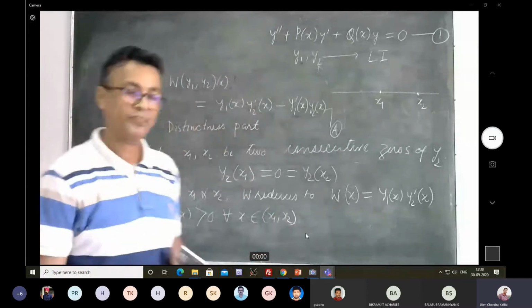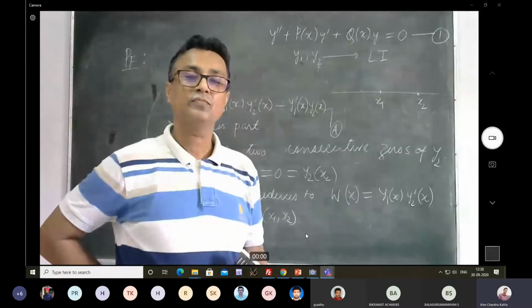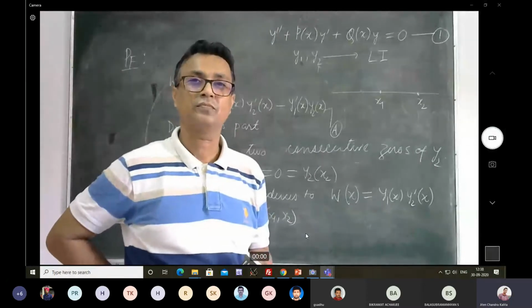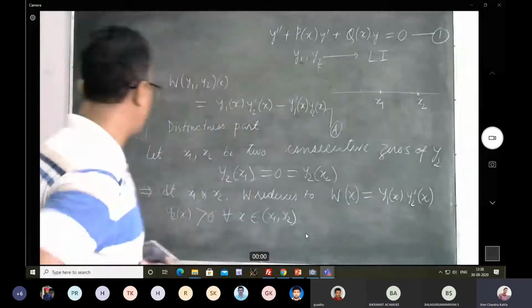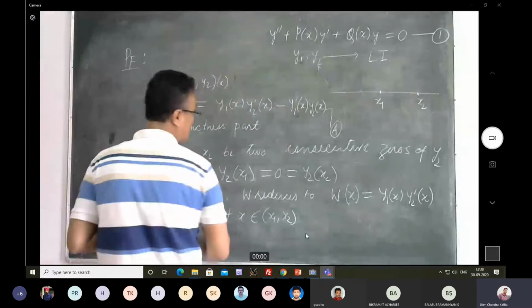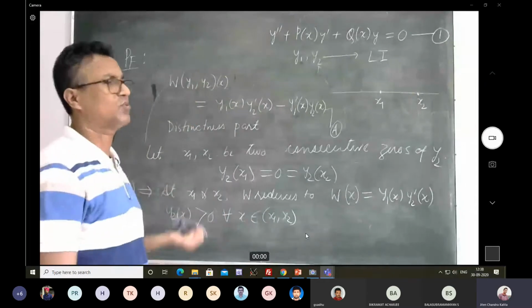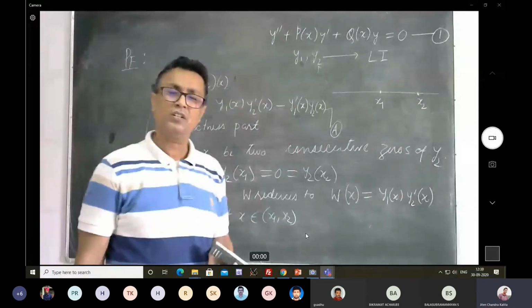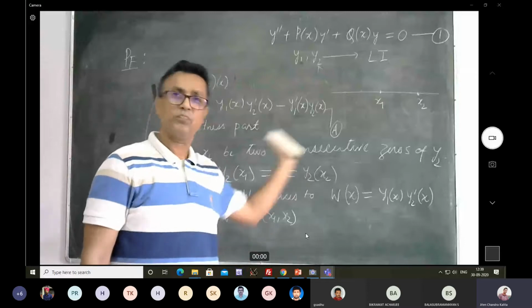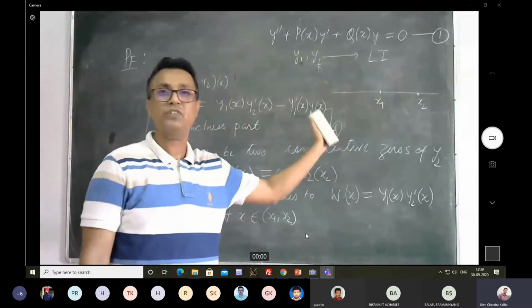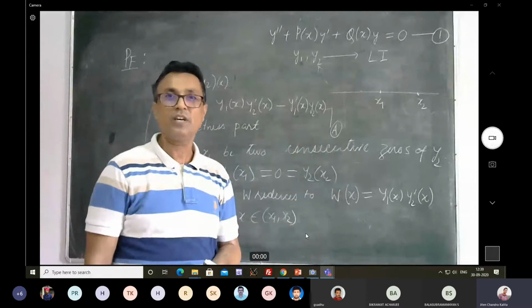Is it okay? I can easily see it has to be either greater than 0 or less than 0. So anything is going to work. I could have taken less than 0 also. The way I prove this theorem is still going to be fine.